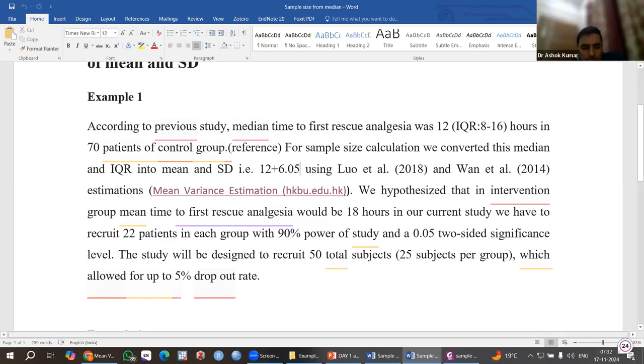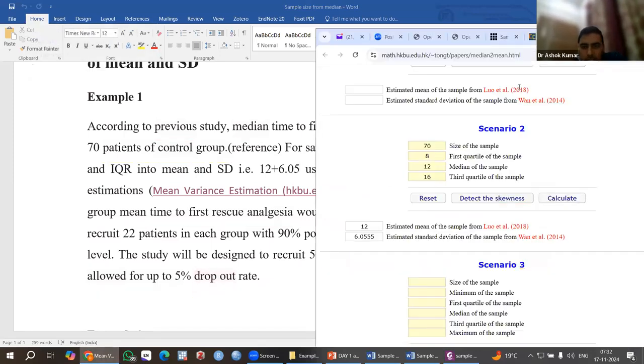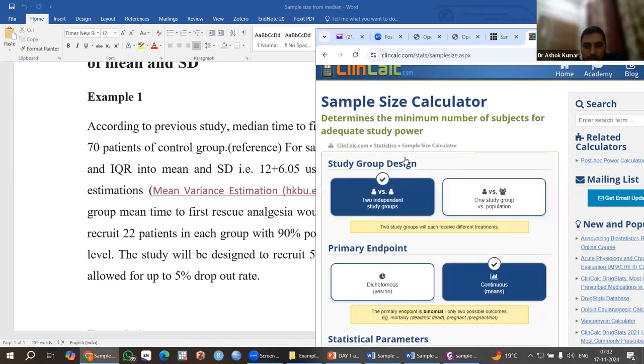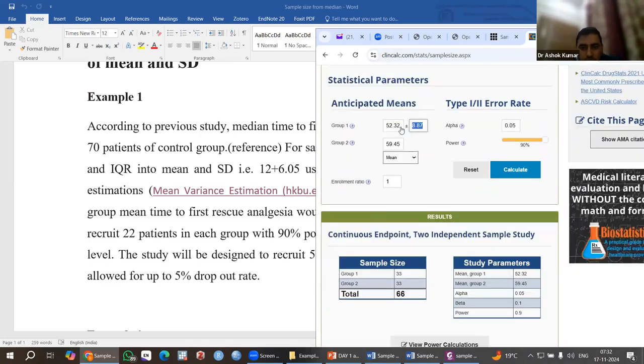So we can do it using a tool like ClinCalc. Here the mean is 12 and the standard deviation is 0.605.